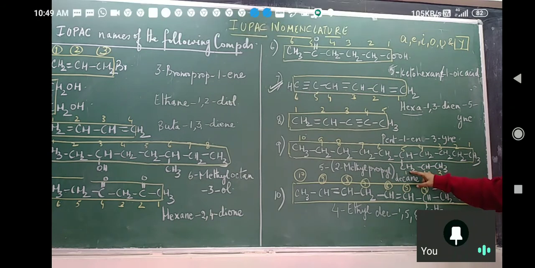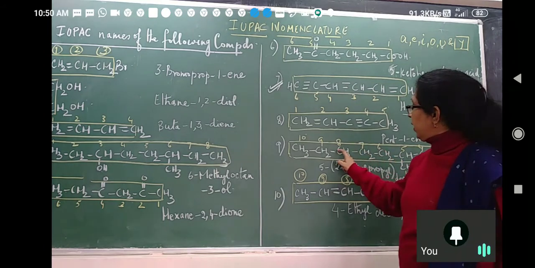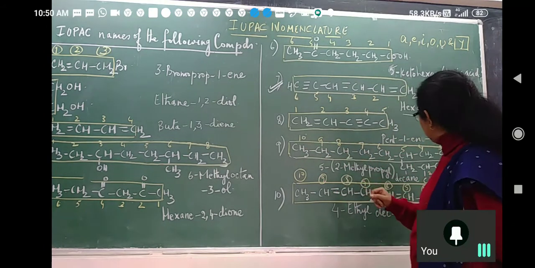This is CH3, CH3. Now see, what are the possible chains we can have? 1, 2, 3, 4, 5, 6, 7, 8. Or 1, 2, 3, 4, 5, 6, 7, 8, 9, 10. I think this is the longest we have.